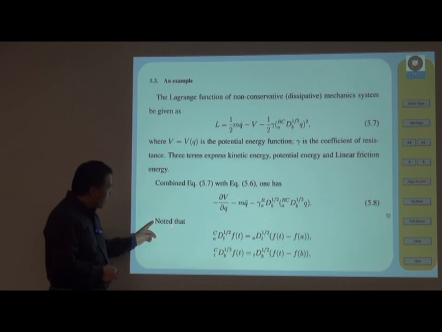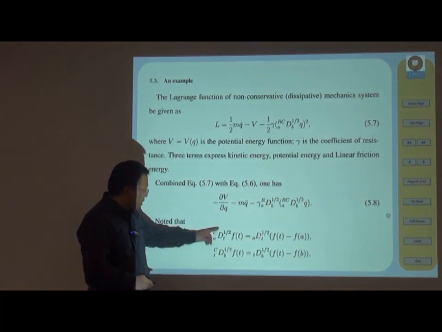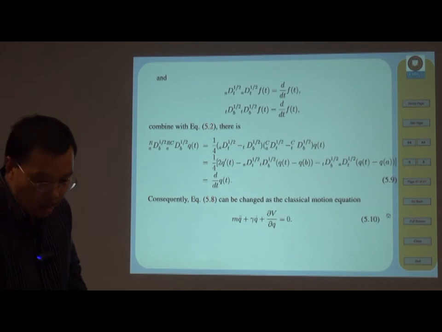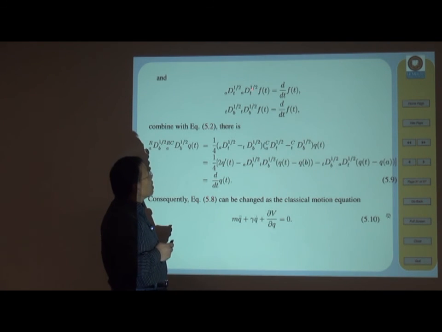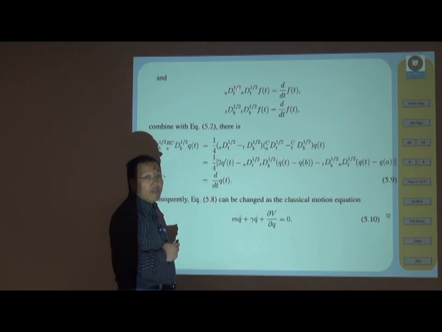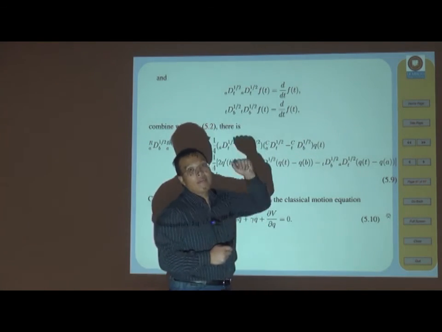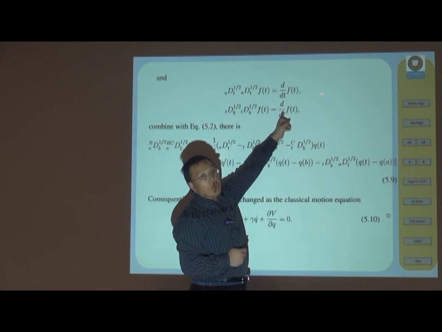For the third term, we first note the relation between the Caputo derivative and the Riemann-Liouville derivative as this. And moreover, for the composition, this is the half derivative and then the half derivative, all from a to t, all are left fractional derivatives, then half plus half equals 1. And for the right derivative, half plus half equals 1.